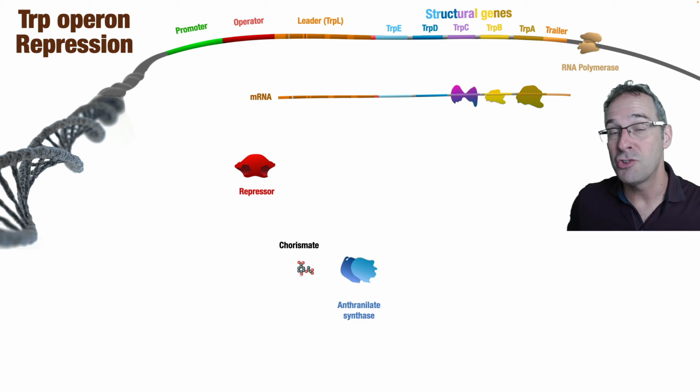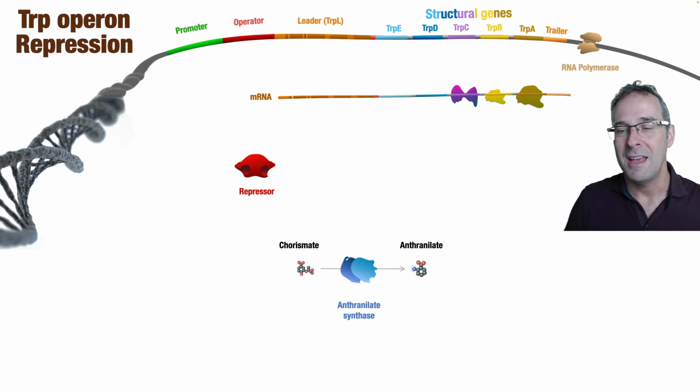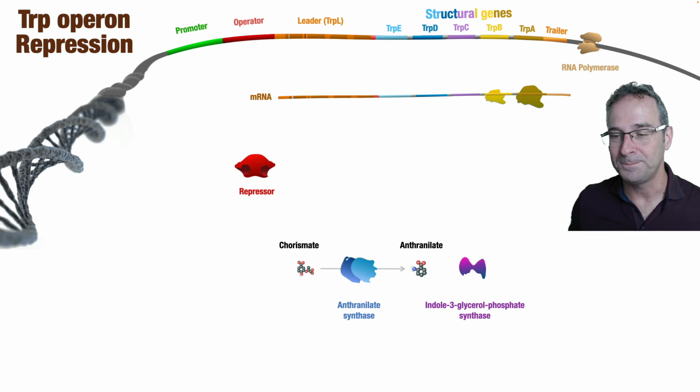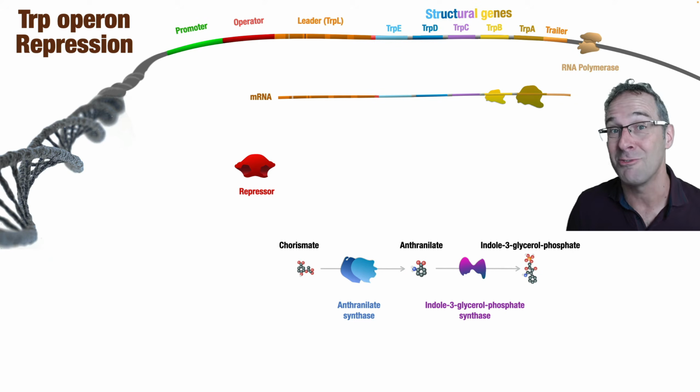The polypeptide transcribed and translated from TRPC becomes an enzyme itself, which takes anthranilate, which is the product of anthranilate synthase, and converts it into indole 3 glycerol phosphate. And so, of course, this enzyme is very appropriately named indole 3 glycerol phosphate synthase, because it synthesizes indole 3 glycerol phosphate from anthranilate.